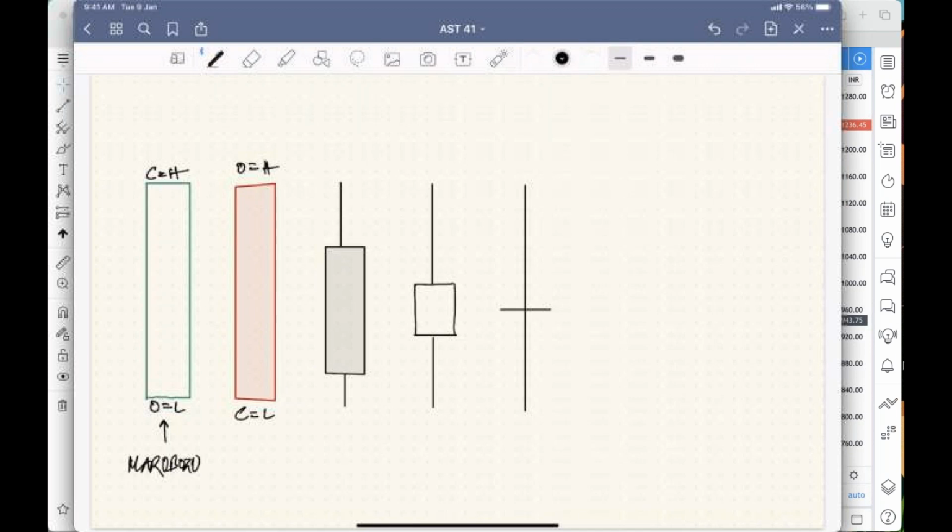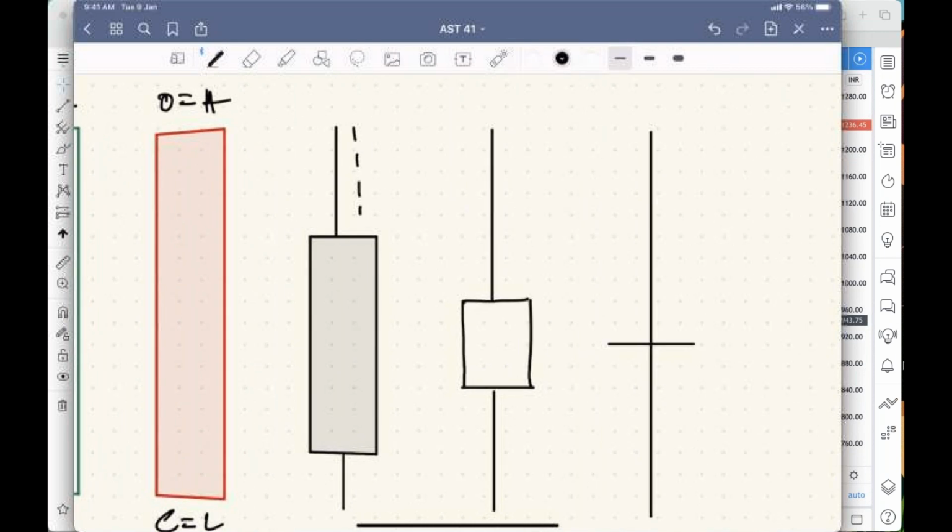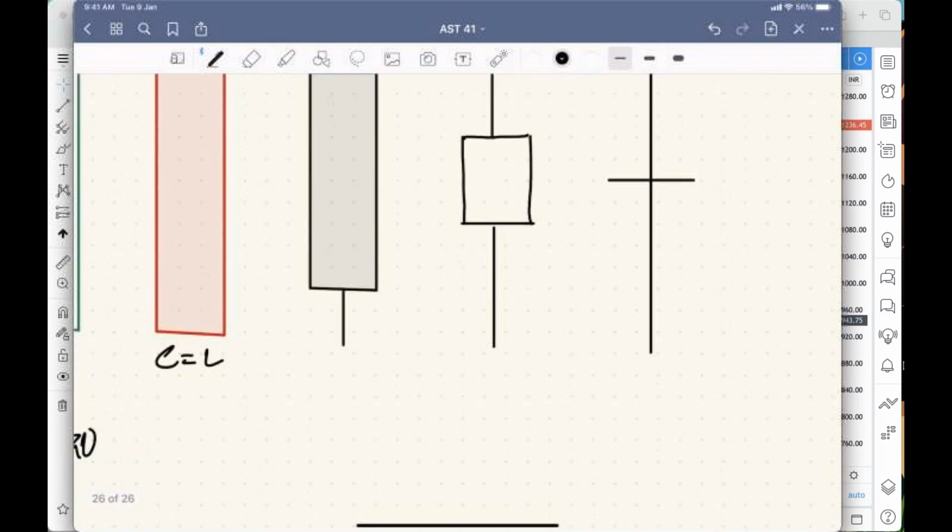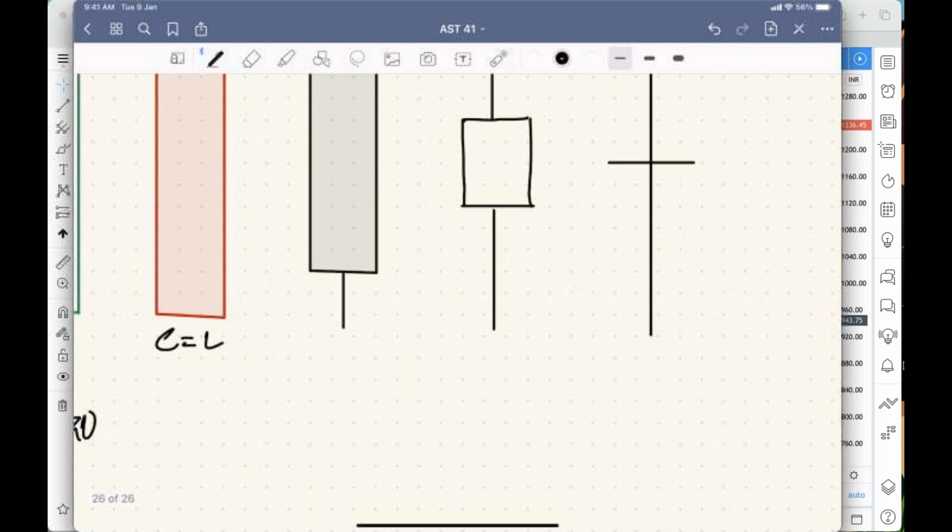Now you look at the third one. I've not made it into a green or a red candle, doesn't matter. But what matters is in the third case, you have a certain degree of upper shadow. What does it mean? It means that the market from the highest point could not sustain and it slipped down. It also has a lower shadow, which means from the lowest point, the price could not sustain at the lowest point and it bounced back.